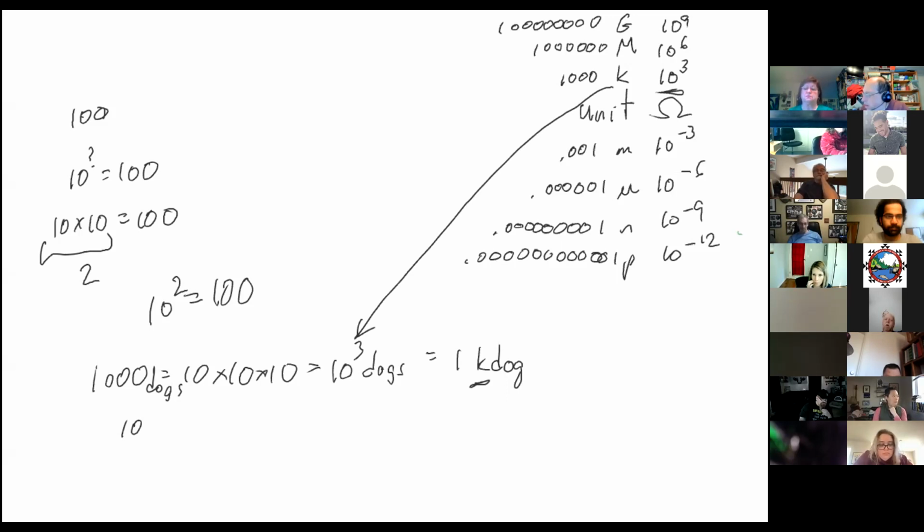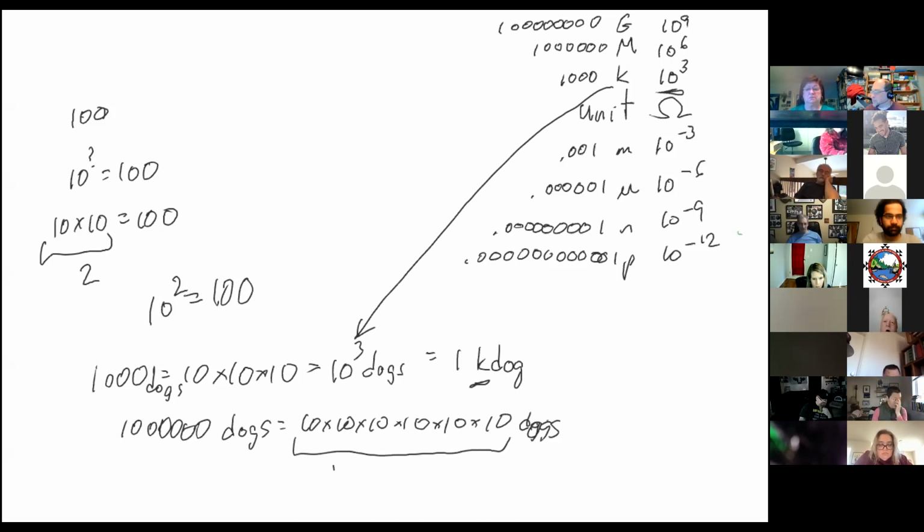So now, how about if I had 1 million dogs? That is 10 times 10 times 10 times 10 times 10 times 10 dogs. How many 10s do you see? 6. And note that there are also 6 zeros over there. Megadog. That's right. That is 1 megadog.